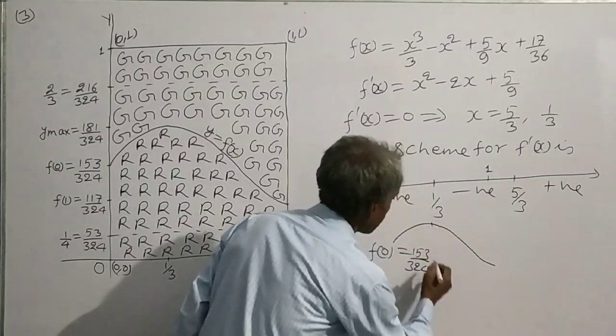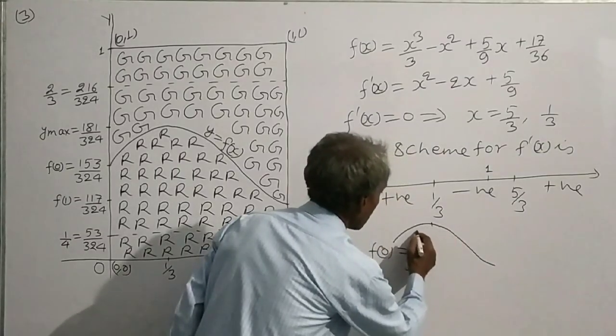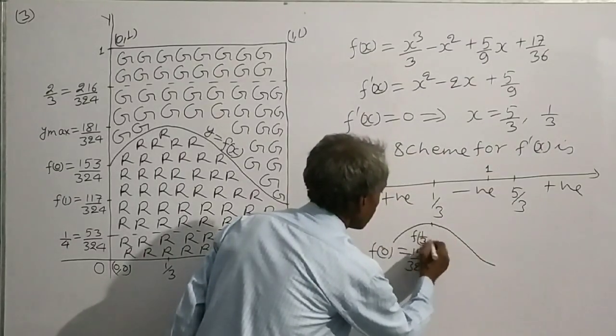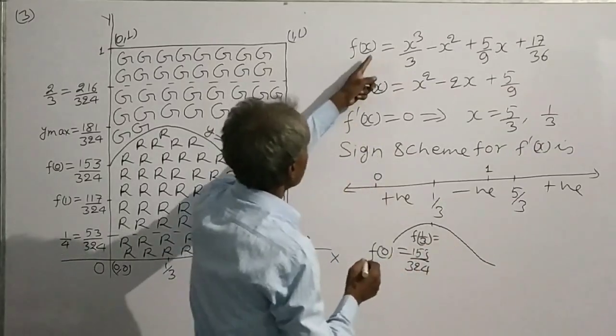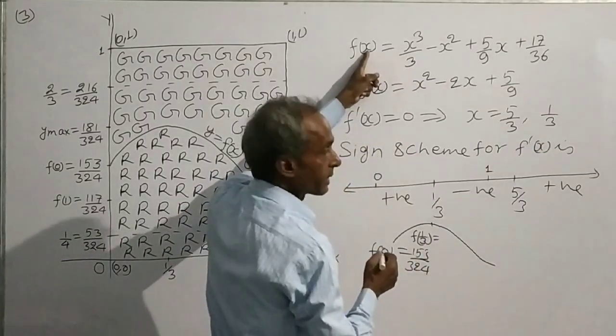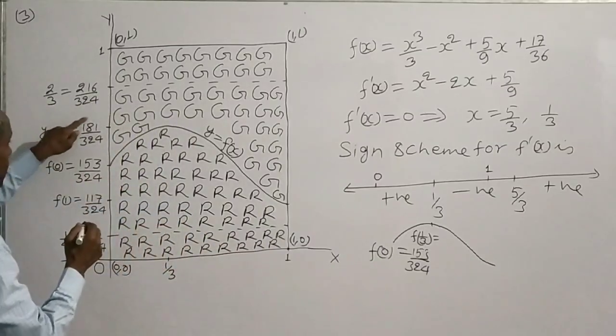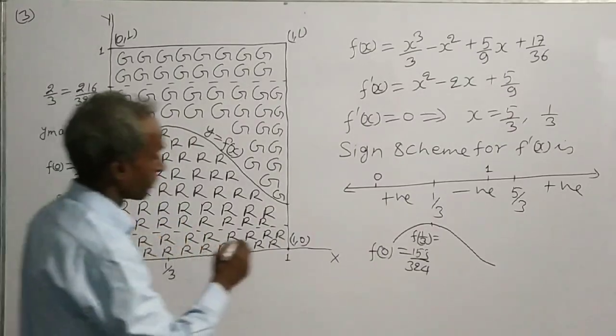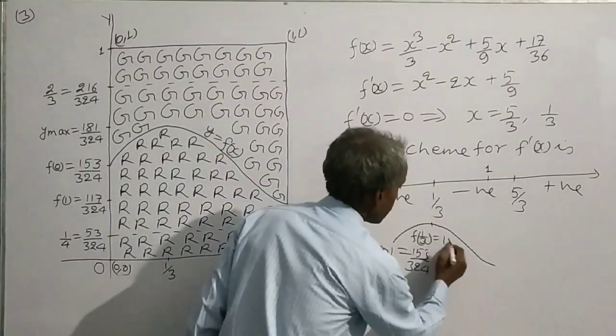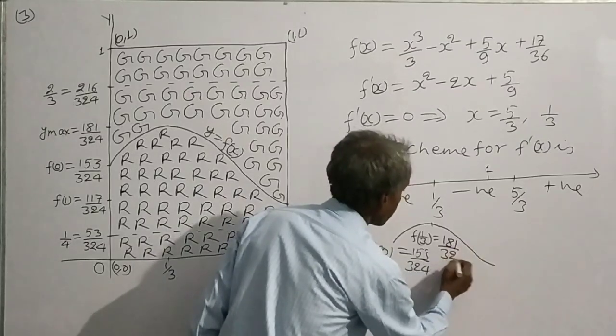This maximum height will be equal to f(1/3). When we put 1/3 in place of x here, we get 181/324.